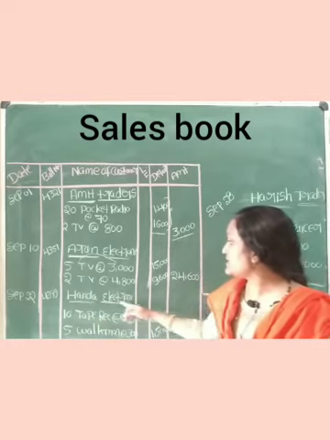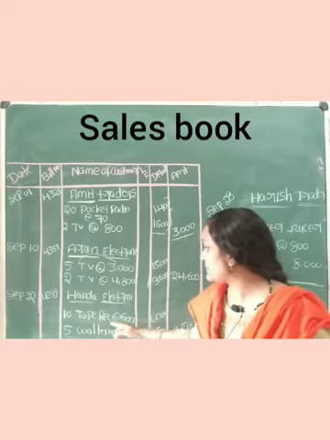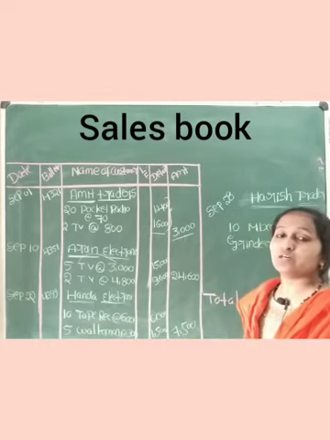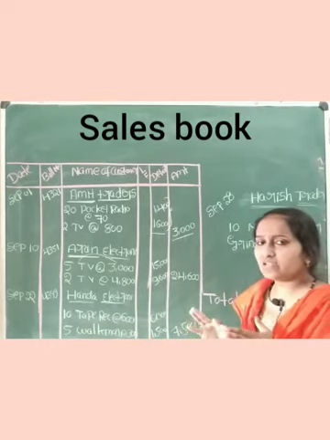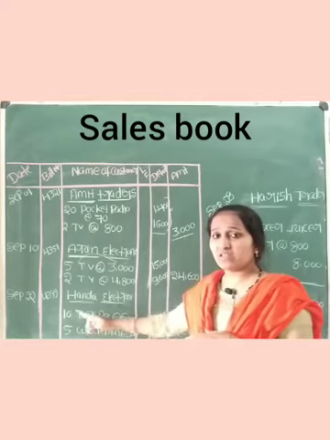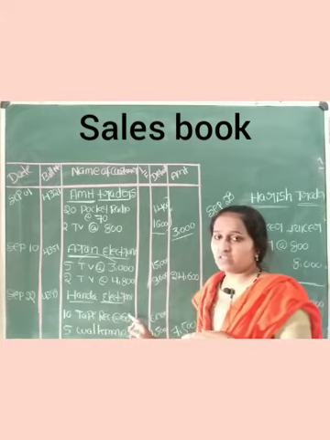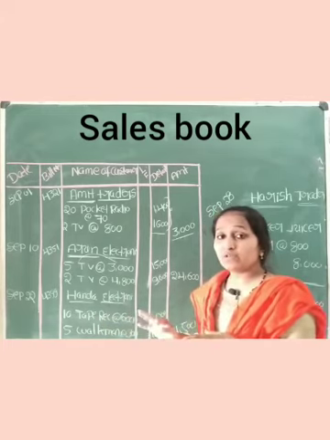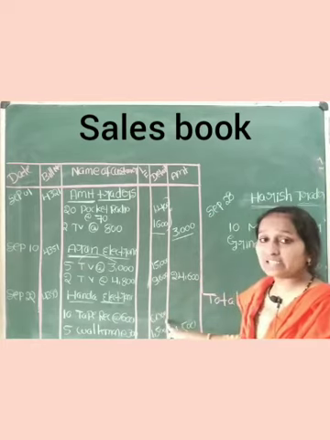Another customer, Honda Electronics, purchased 10 tape recorders at 600 and 5 Walkmans at 300 rupees. Concentrate on the number of units and the price of a unit. If you multiply them, the figure you get you should write in the details column.